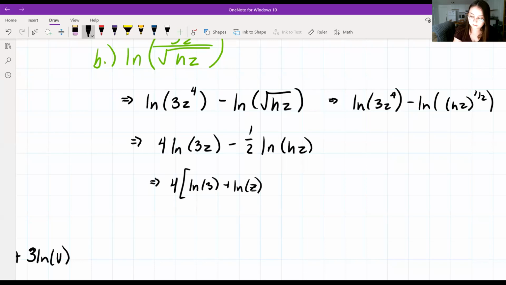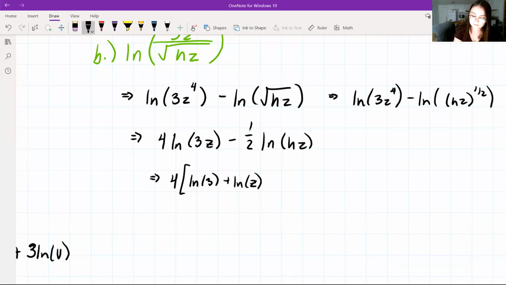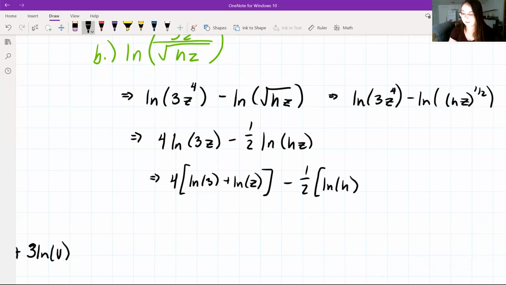All right, I'll draw the little line in between so we know. Well, there's a lot of z's in this problem. There we go. Okay. So now we can go into our second part, which is minus 1/2 times the natural log of h plus the natural log of z.